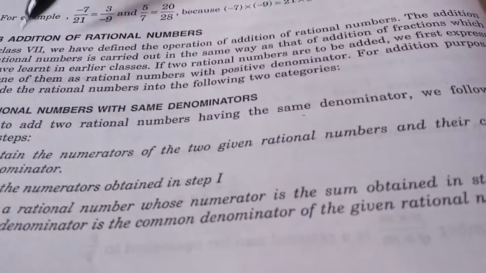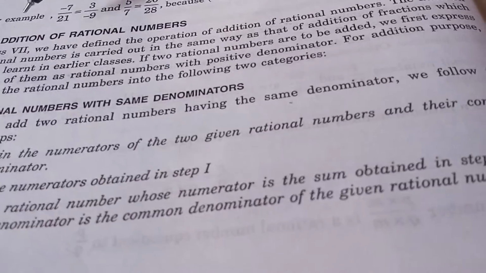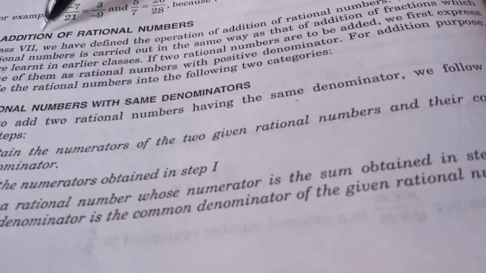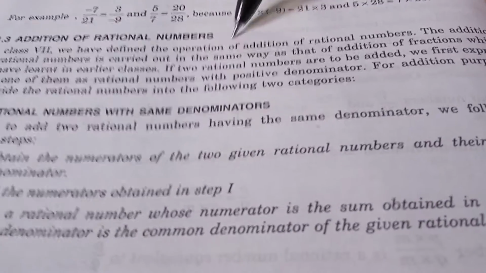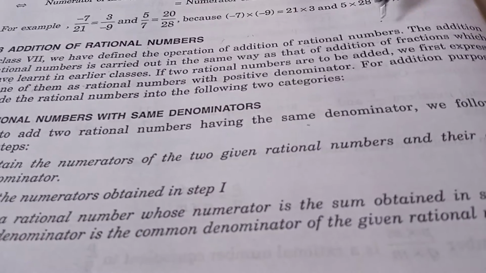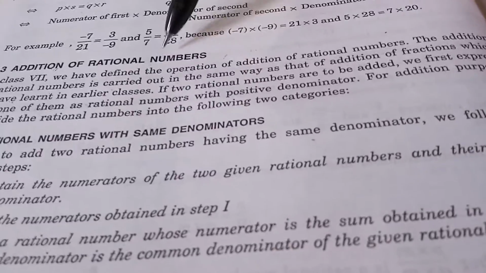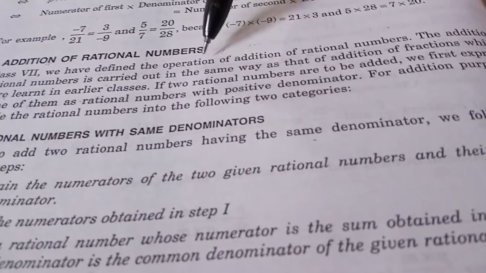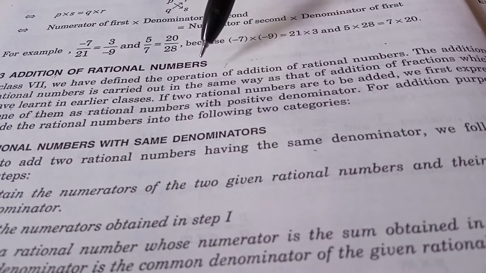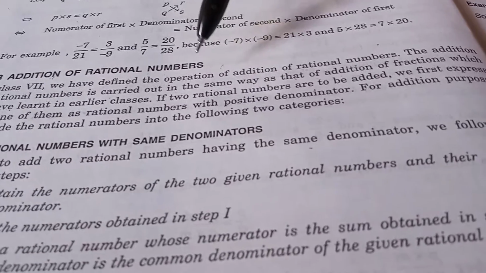When we were in class 7 and read the book of class 7, in that book the operation of addition of rational numbers was defined. It's not a surgical operation, it's the mathematical operation.